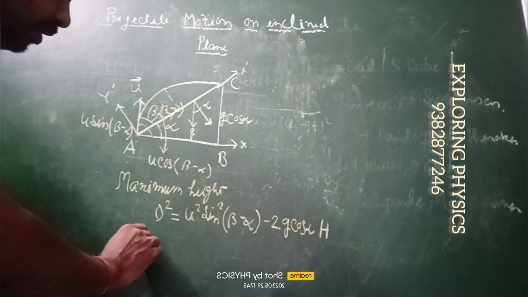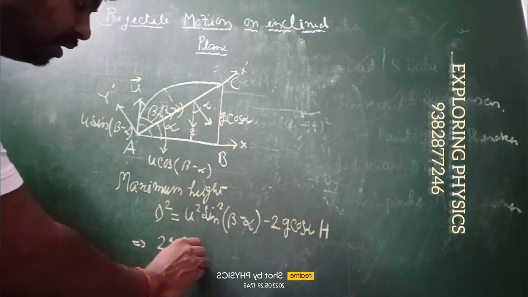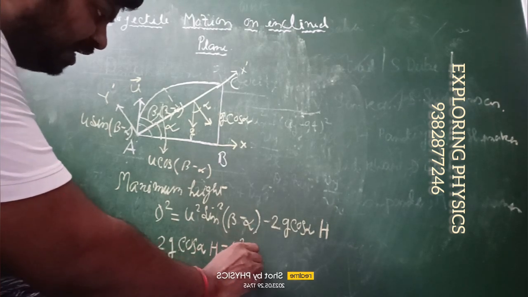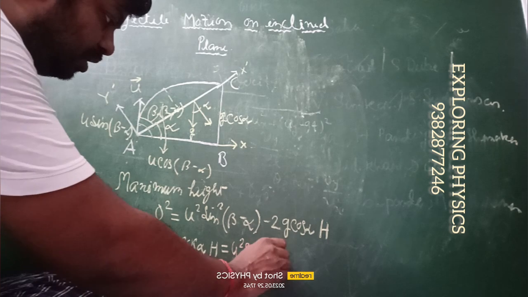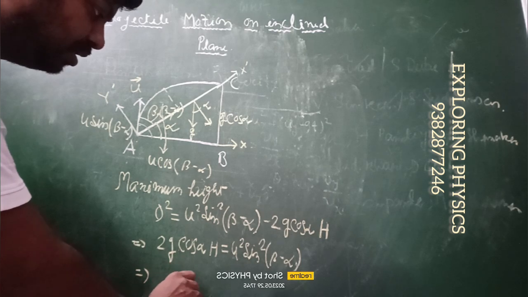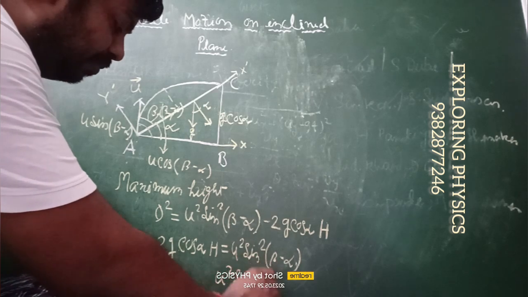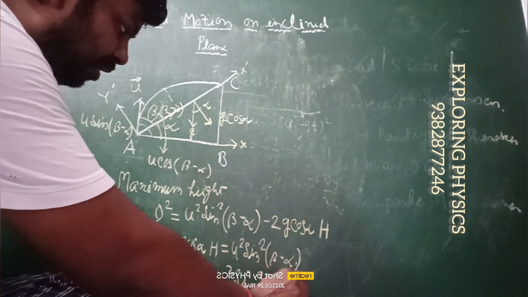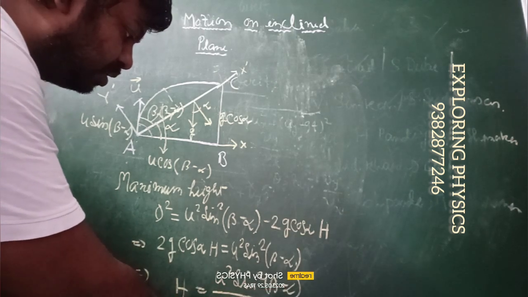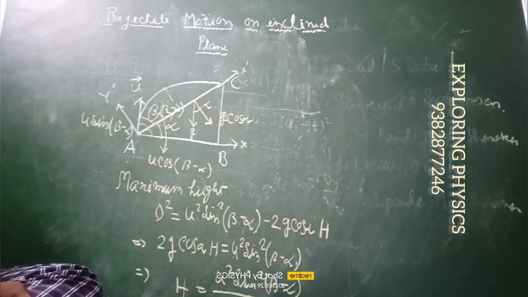So here we have 2g cos alpha into h equals u square sine square of beta minus alpha. So h equals u square sine square of beta minus alpha by 2g cos alpha, which is the maximum height of the projectile on the inclined plane.